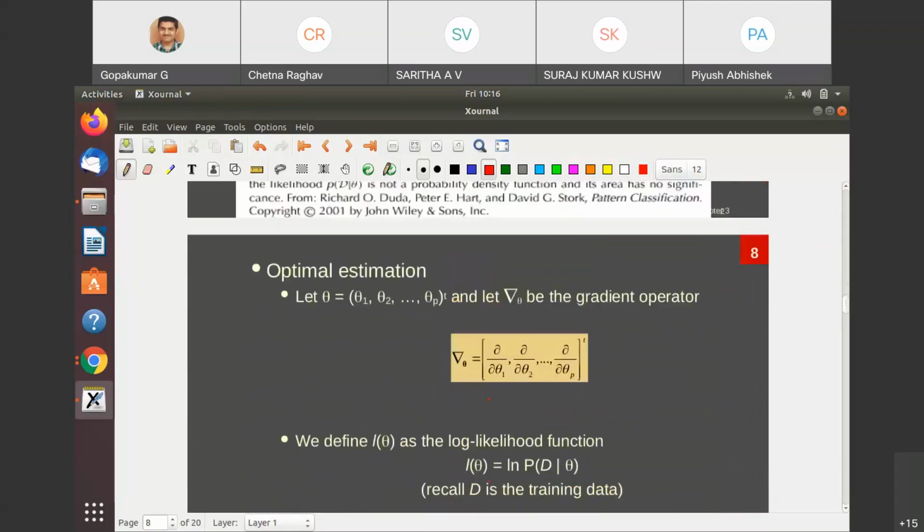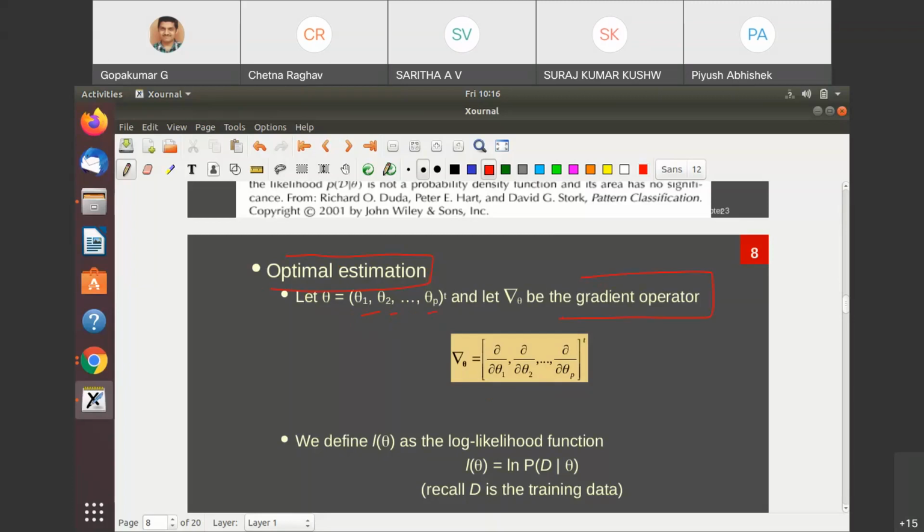Now we will see how we can analytically find theta. That means we are looking for some optimum estimation. So we assume that we have theta 1, theta 2, etc. to theta p. That is the theta vector. In order to find the optimal value, we have to define the gradient operator.